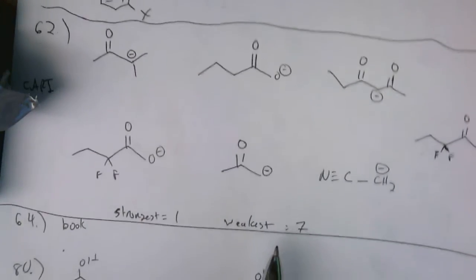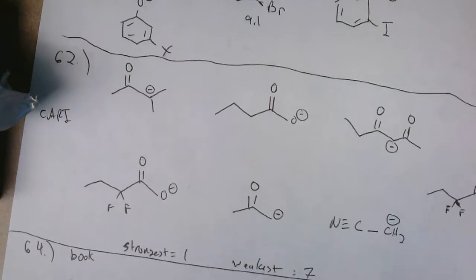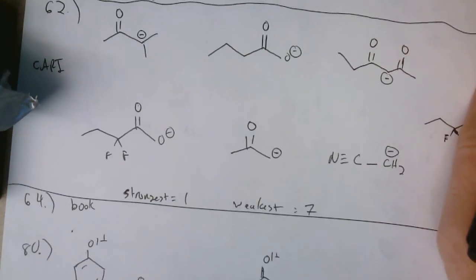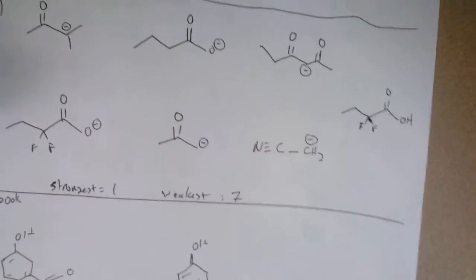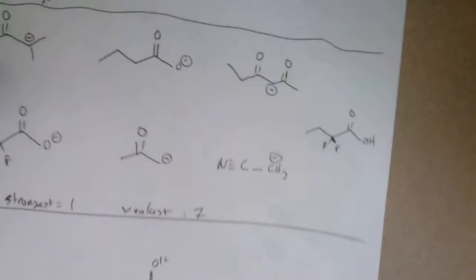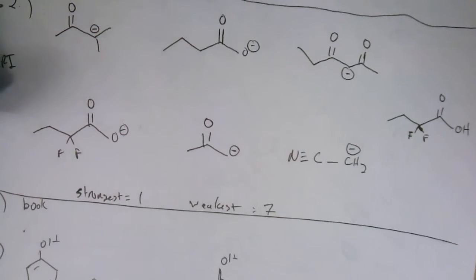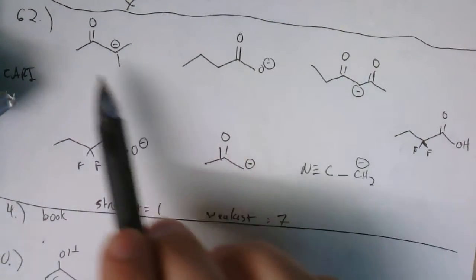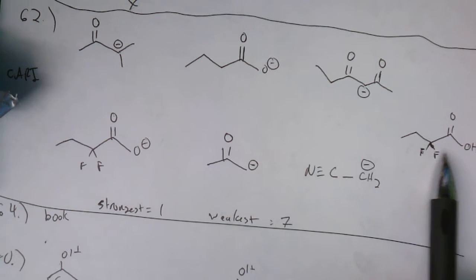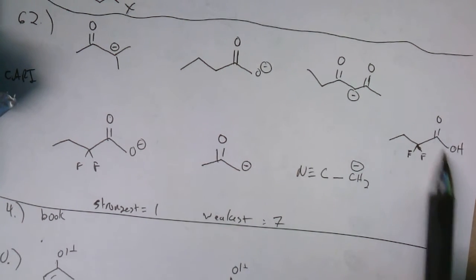Okay, so charge. So strongest base. It's kind of like how we said if we're doing an apples to apples comparison, a positively charged species is going to be a stronger acid. A negatively charged species is going to be a stronger base than a neutral species. Looking at all of these things, we only have one that's neutral. I don't know where you're going to put a proton on this.